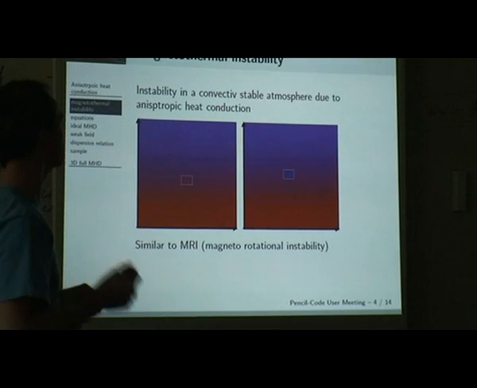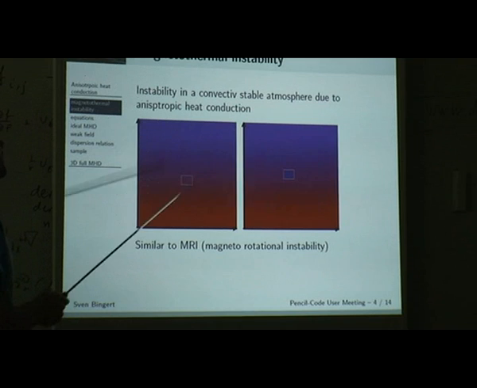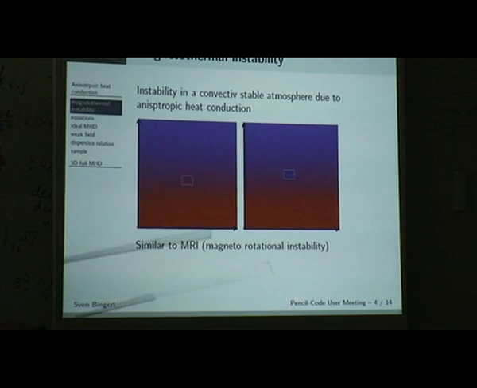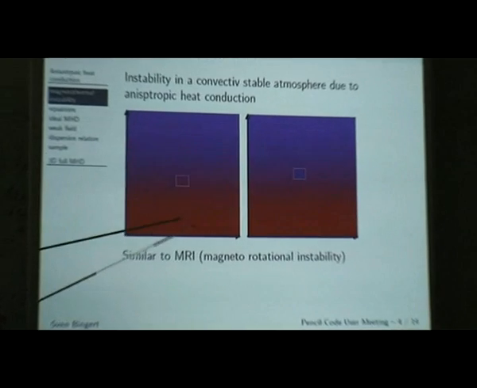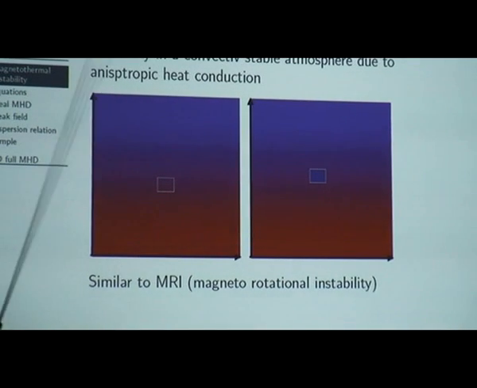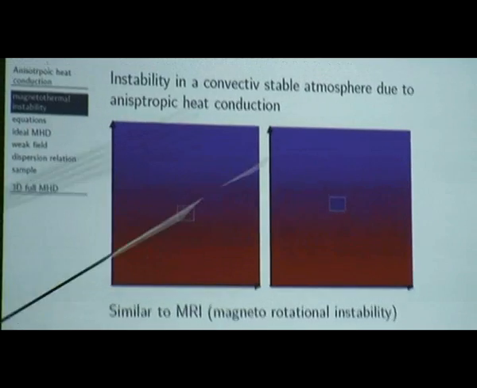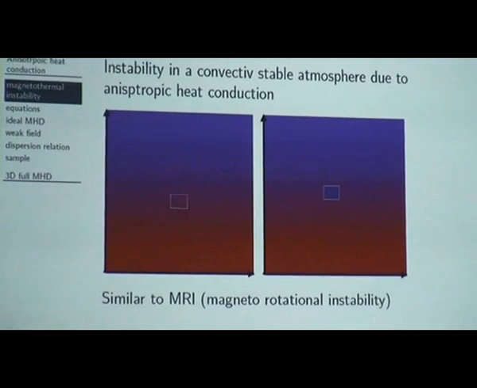This instability only works in a stratified atmosphere which is convectively stable, so that you have a positive entropy gradient and a negative temperature gradient. Red means warm and blue means cold.